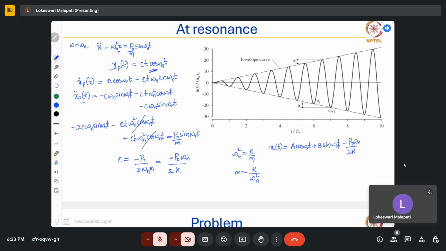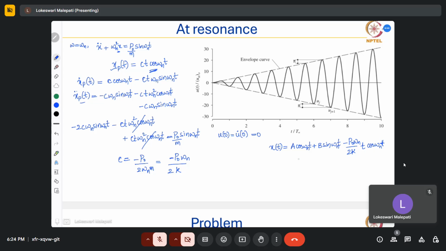So it will be minus p naught omega n by 2k t cos omega nt. And we can just see the equation for 0 initial conditions, that is u of 0 equal to u dot of 0 is equal to 0. For this we can simplify and find out the a and b constants.